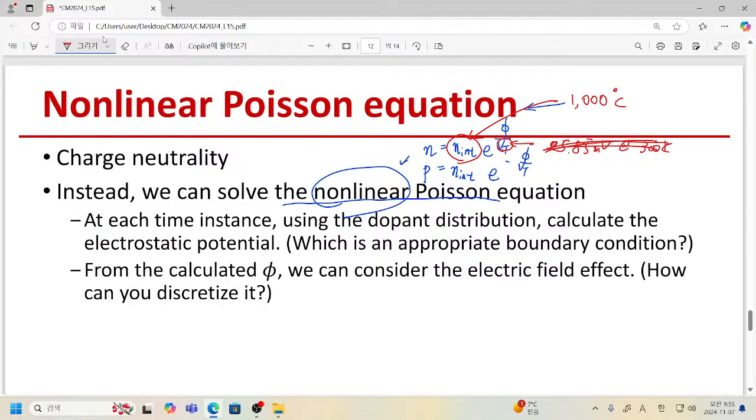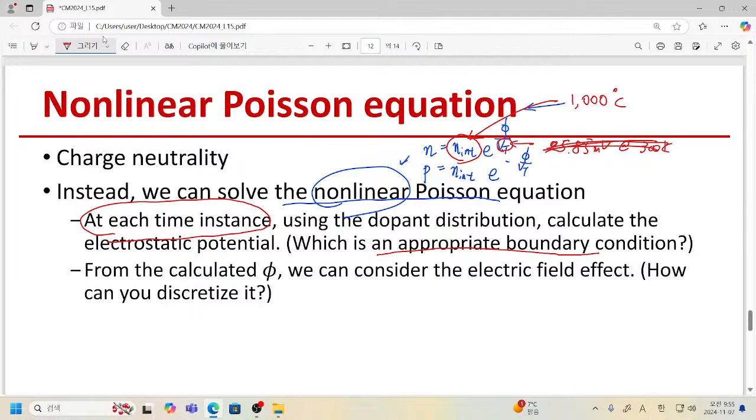Of course, you have to consider what is the appropriate boundary condition for the top surface and bottom surface. And yes, please try to evaluate your electrostatic potential by solving the nonlinear Poisson equation. The point is, this calculation should be done at each time instance.